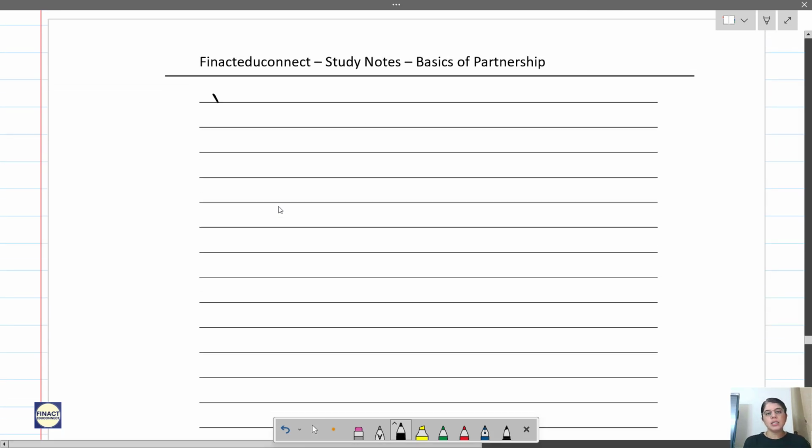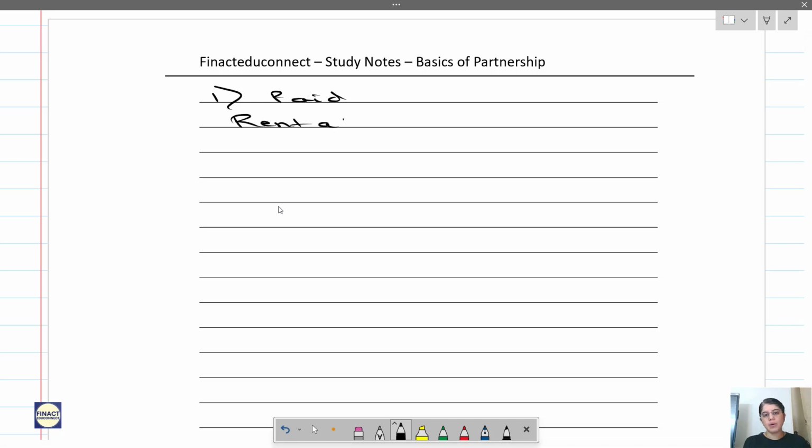So first is, if the rent is paid. What are the accounts affected? One is rent account, an expense account. And since it is paid, the second account affected is cash and bank account, an asset account. Rent is an expense, so there is an increase in the balance of the rent account because we are paying the rent.